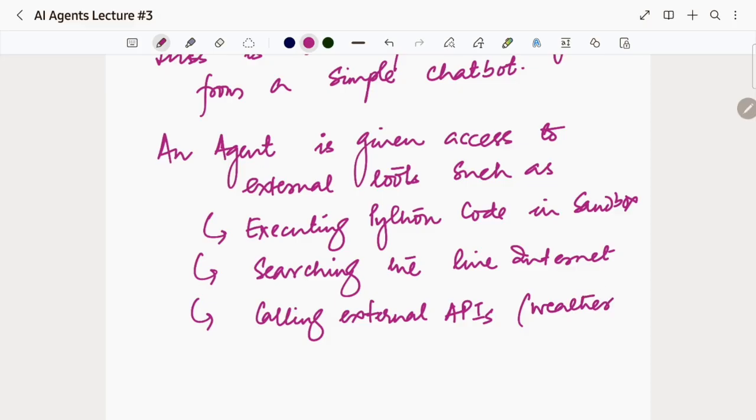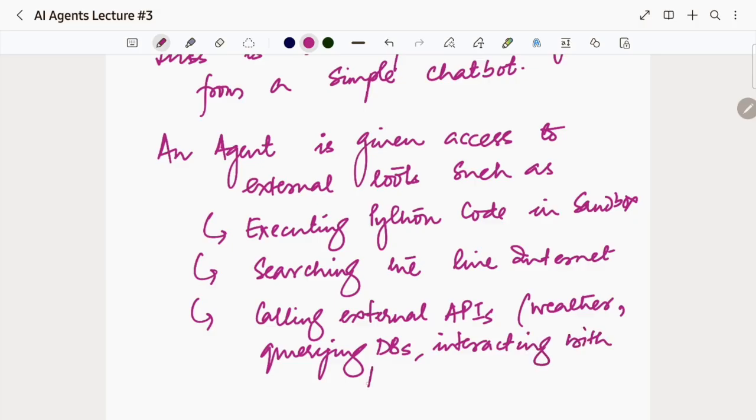such as if I want to know what the weather is like, it will search for the weather for that particular location. It can also be used for querying databases, interacting with terminal commands.